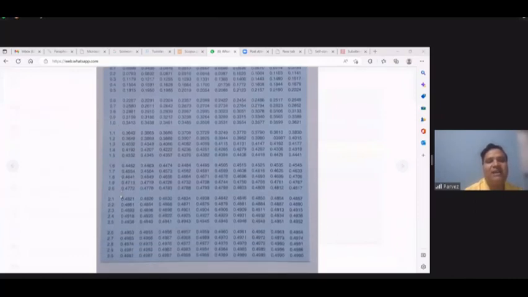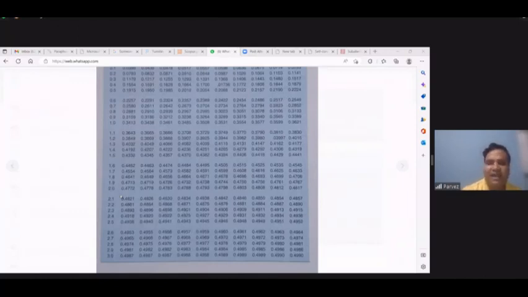You have to divide it into one digit after the decimal. You can't take 1.66 and search here. That is the reason we divided it as 1.6 plus 0.06. No need to worry. In the exam, if they ask for these probability values, the value will be given, like Z for 1.66 is 0.4515.